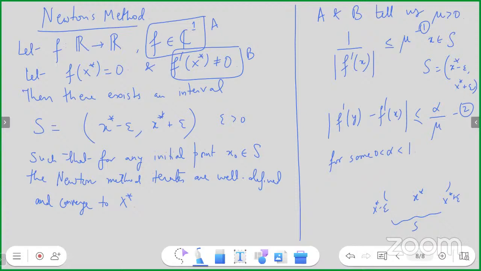What does it tell you with respect to the Newton's update? What is going to happen? What was the Newton's update? x_{k+1} was x_k minus f of x_k divided by del f of x_k. Right?